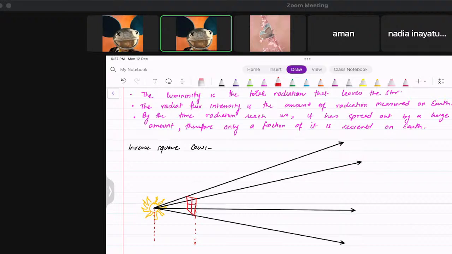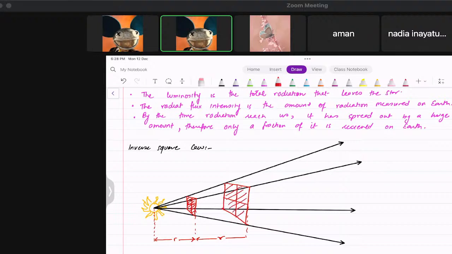This is the area that the light has reached, so it's a smaller area, and this distance I'm saying is r. So if you go through the same distance, another r, then the area becomes 4 times greater. Do you guys understand this? And so on.